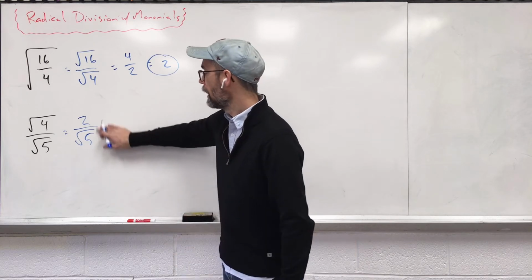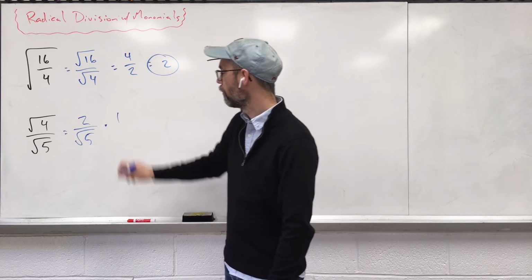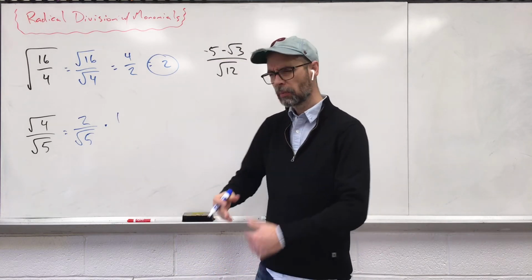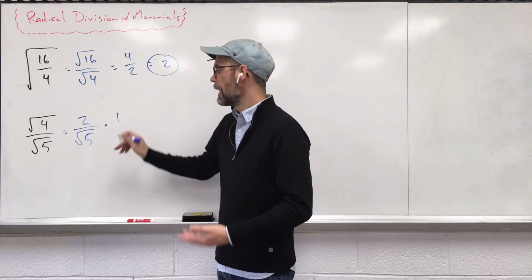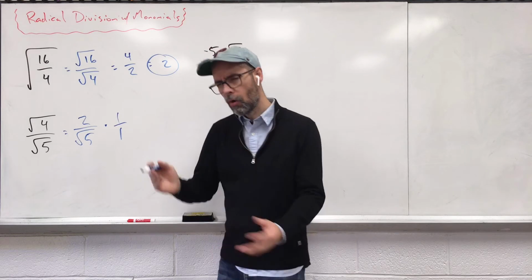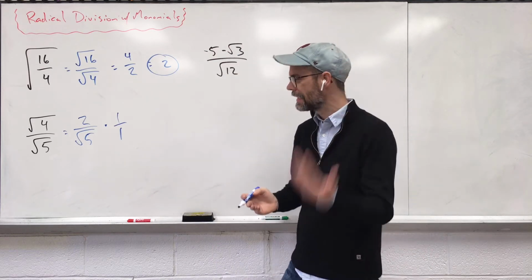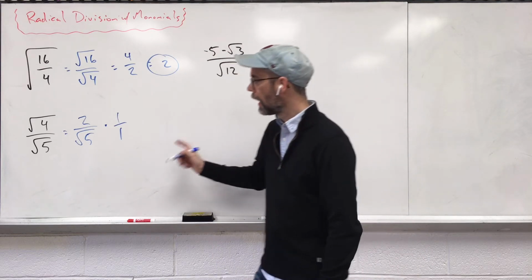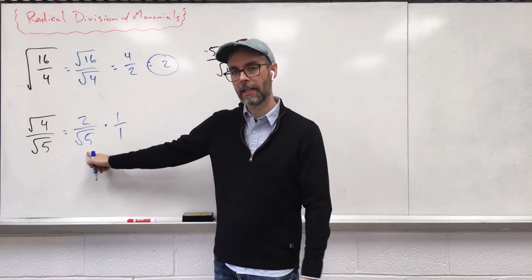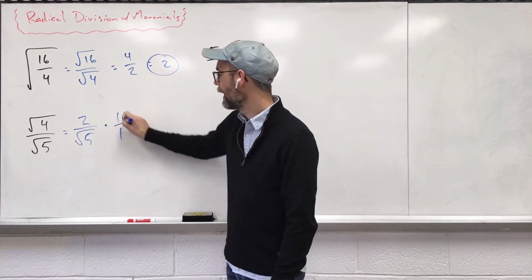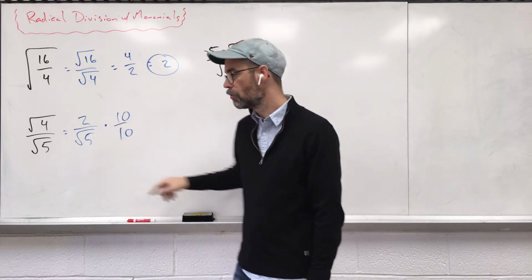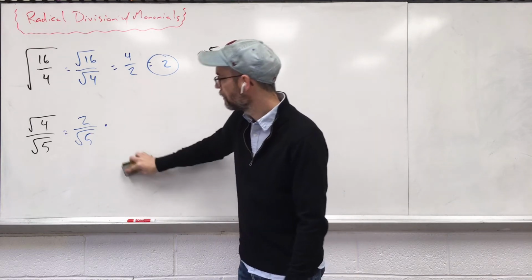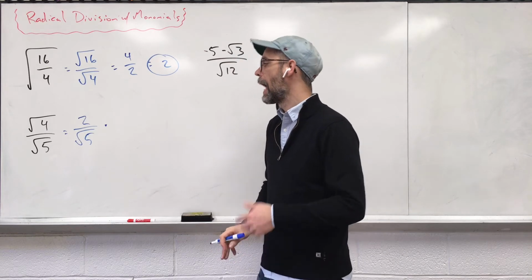We're not changing its value, we're changing the way it looks. So if I multiply by a value of 1, I multiply anything by 1, I get what I start with. If I multiply by 1 over 1, it's still a value of 1. I can multiply with this, I'm still going to get that same answer. I can multiply by any number over itself, and I'm still going to get a value of 1. And the same thing that I started with.